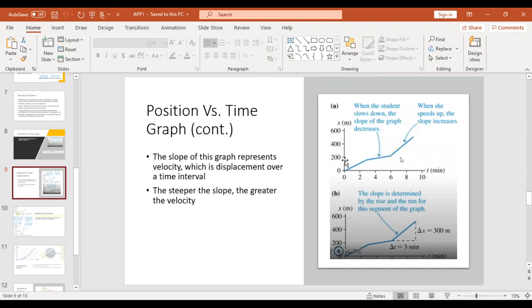We have traveled about 200 meters over 3 minutes, right? Watch the units. Let me just do this calculation. So 200 meters over 3 minutes is basically 66 meters per minute, right?